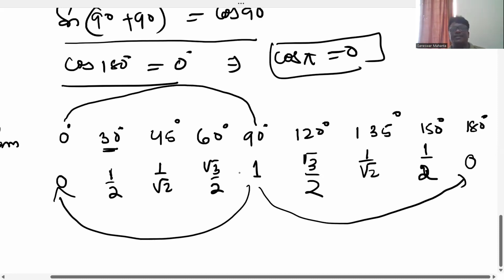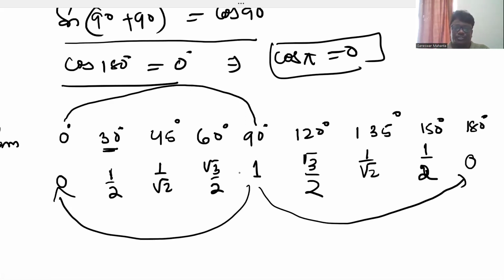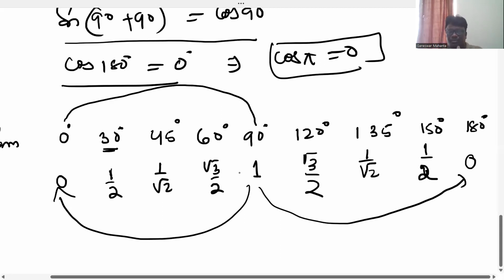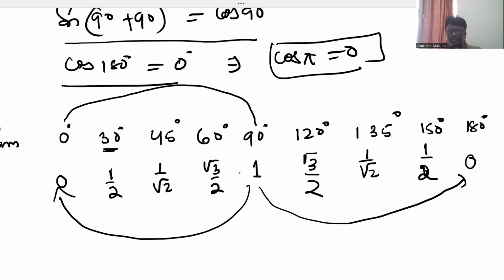That is sine of 90 plus theta. We apply the formula sine 90 plus theta and all the angles we just remember: 0, 30, 45, 60, 90. 90 plus 30 is 120, 90 plus 45 is 135, 90 plus 60 is 150, 90 plus 90 is 180.